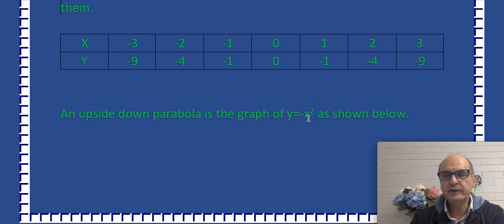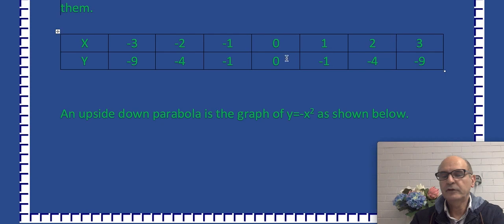Minus 2 squared is 4. And I've got again a negative in front, makes it minus 4. And when I'm putting x minus 1, becomes minus 1 squared. Minus 1 squared is 1. But again, there is minus 1 in front, makes it minus 1. And so on. When it is 0, 0 squared is 0, and minus 0 is just 0.